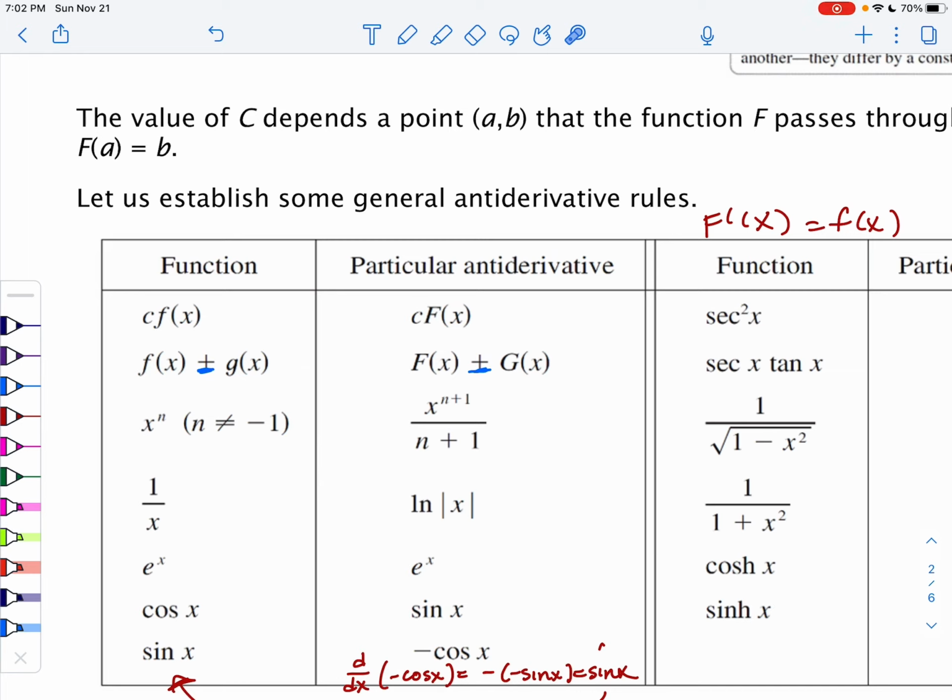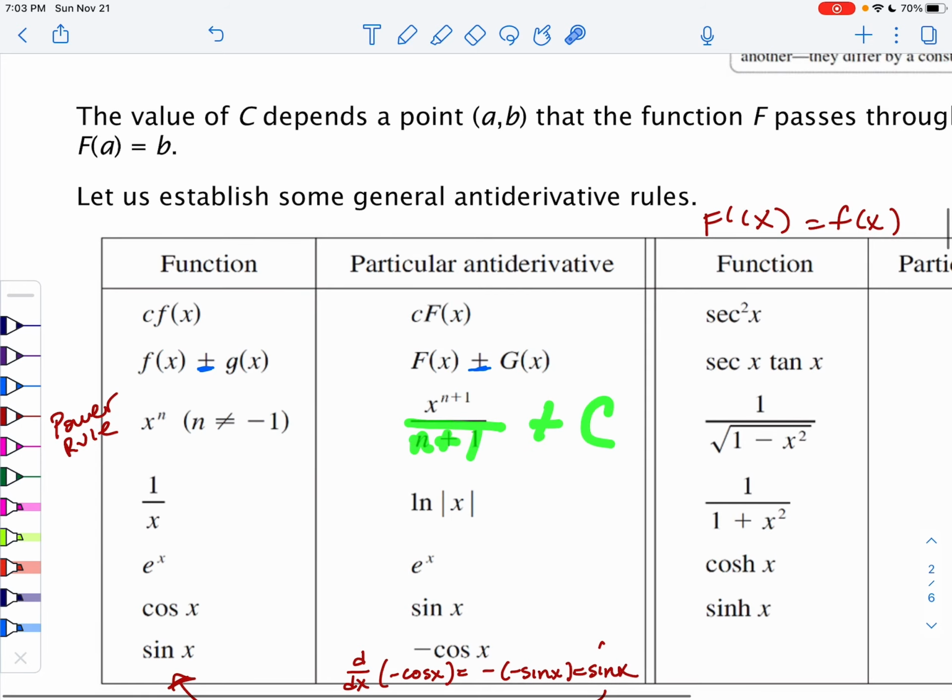We have the ever powerful power rule. In taking antiderivatives in reverse, we are going to add 1. If we're integrating with respect to x, so our variable x is in the base, we're going to add 1 to our exponent, and then we're going to divide by that entire exponent.